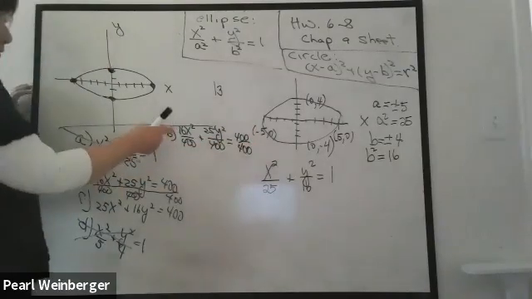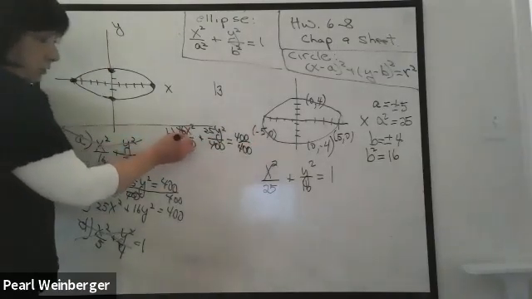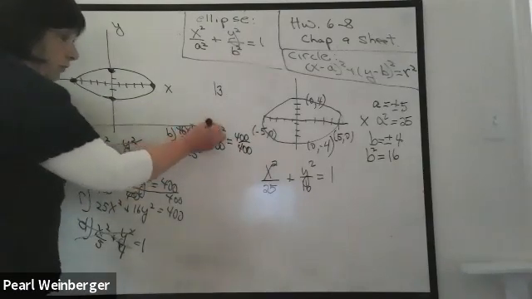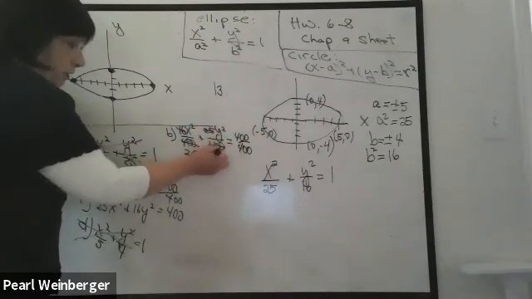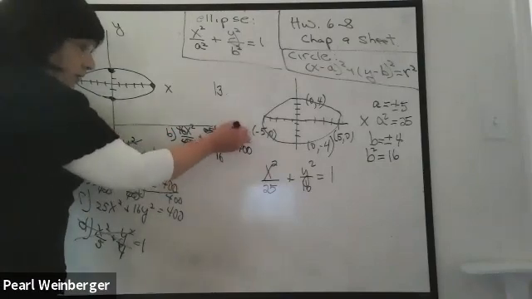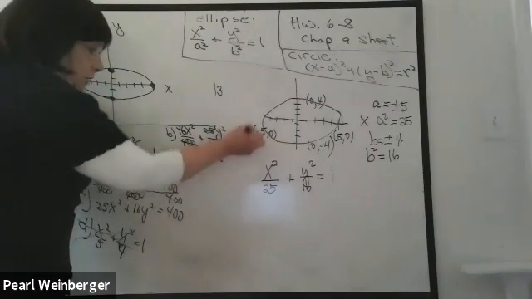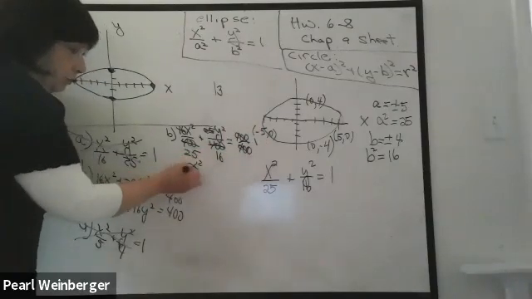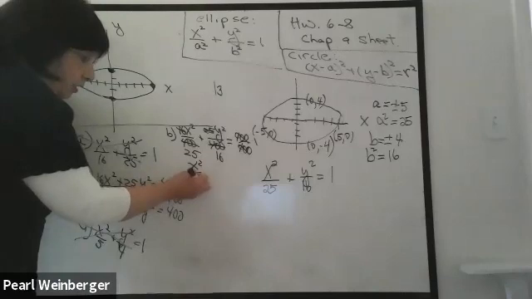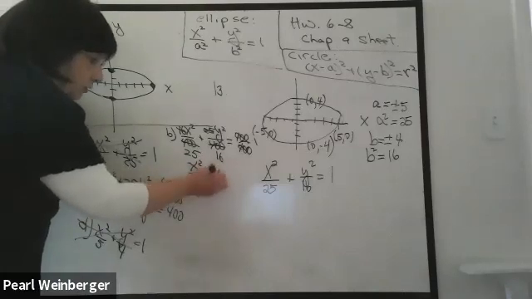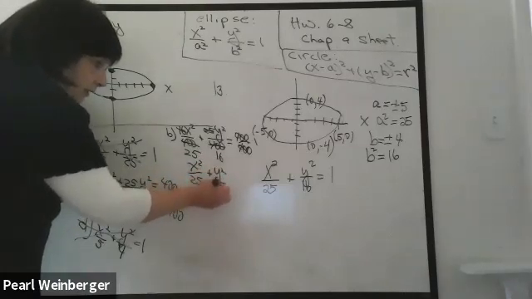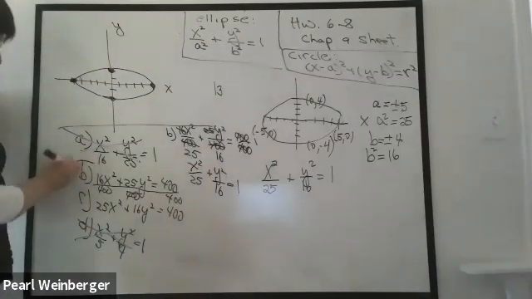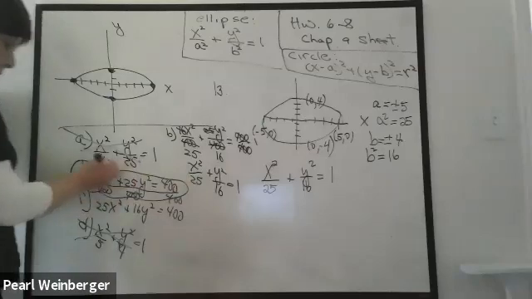And I reduce this. The 16 divides into the 400 and gives me 25. The 25 into the 400 gives me the 16. And the 400 into the 400 gives me 1. So this in standard form, choice B is x squared over 25 plus y squared over 16 equals 1, which is what my right choice is. This is the correct answer.